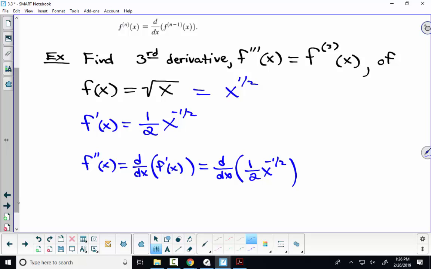So what's the derivative of the first derivative? Negative 1/4 x to the negative 3/2. Right, good. So power comes out to multiply, negative 1/2 times the 1/2 gives us negative 1/4. And then we subtract 1 from the power. Negative 1/2 minus 1 is negative 3/2.